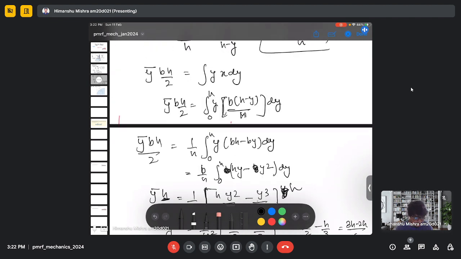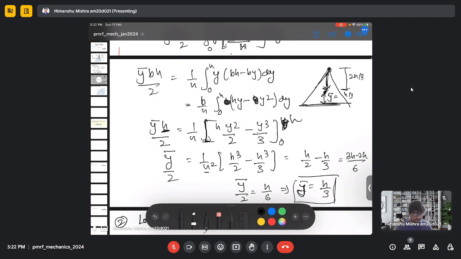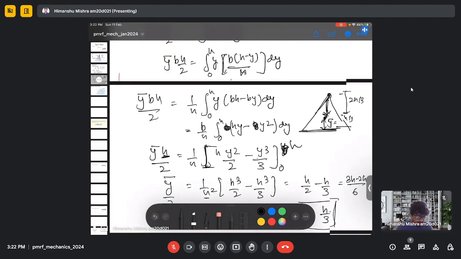So for all the triangles, this is my distance, which is h by 3 from the base, and 2h by 3 from the top of the triangle. So this one can remember to find the increasing load when we are solving the force, or the linear load in x.